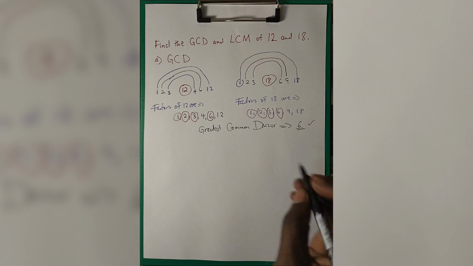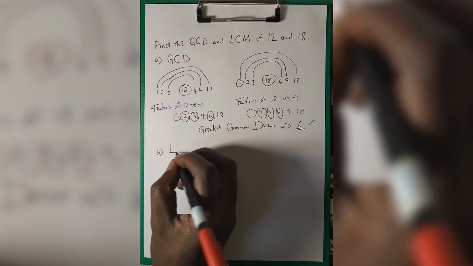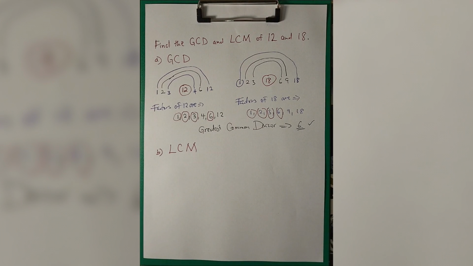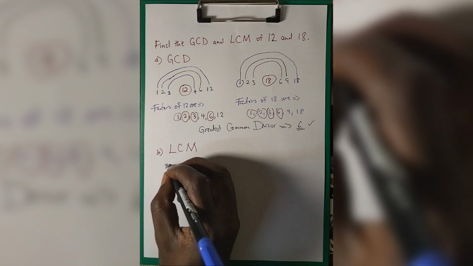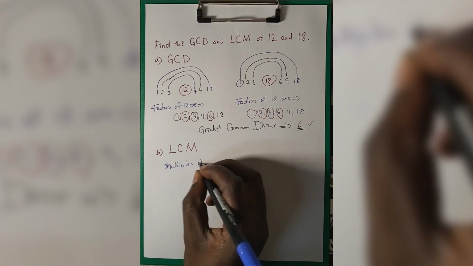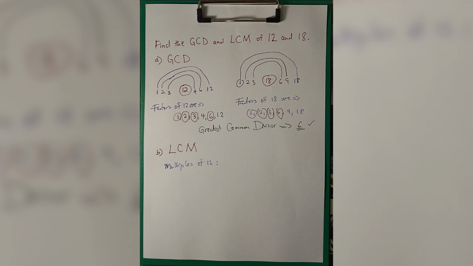Now let's look at the LCM. For the LCM, we look at multiples. Let's look at the divisors again, then the multiples. Now let's look at the multiples of 12.